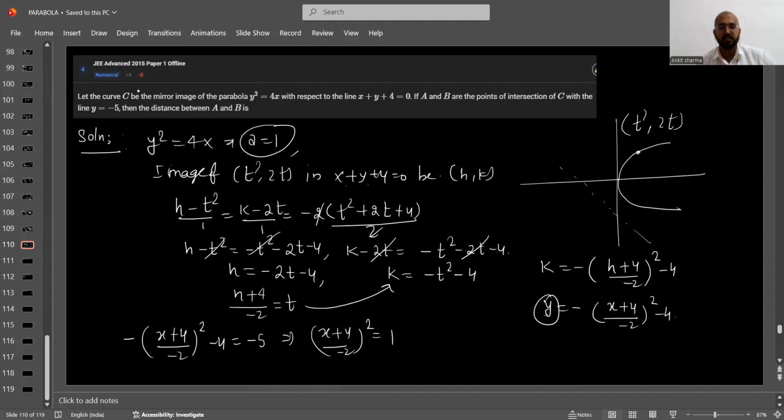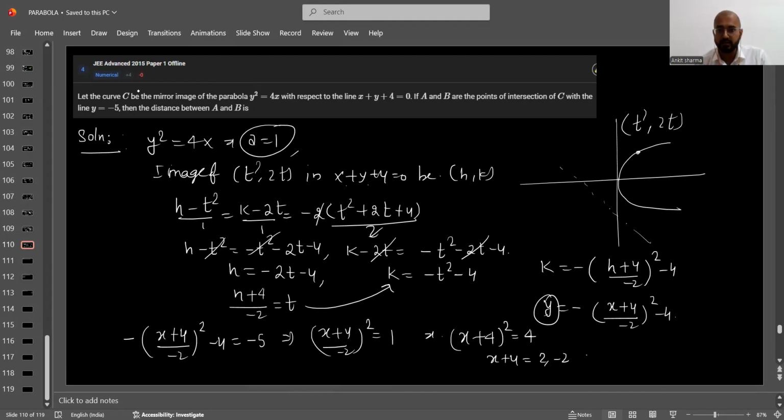So this minus and that minus get cancelled. So from here I'm going to have (x plus 4) square is equal to plus or minus 4, and 2 square is 4. So from here I'm going to have x plus 4 is equal to 2 comma minus 2.